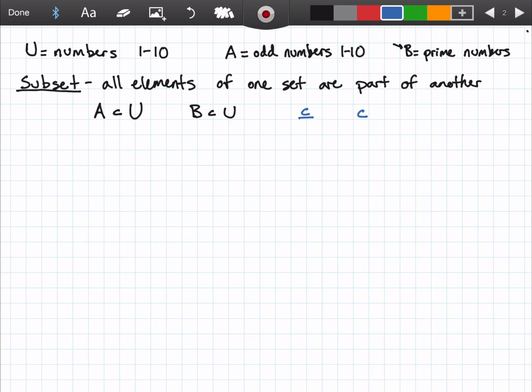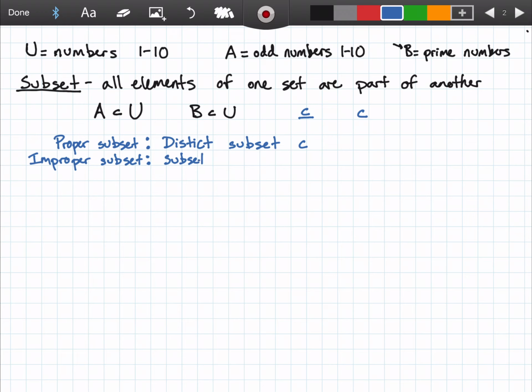And here's the difference here. You could have a proper subset, and basically it means it's a distinct subset. An improper subset would be that the subset is the same as the set.